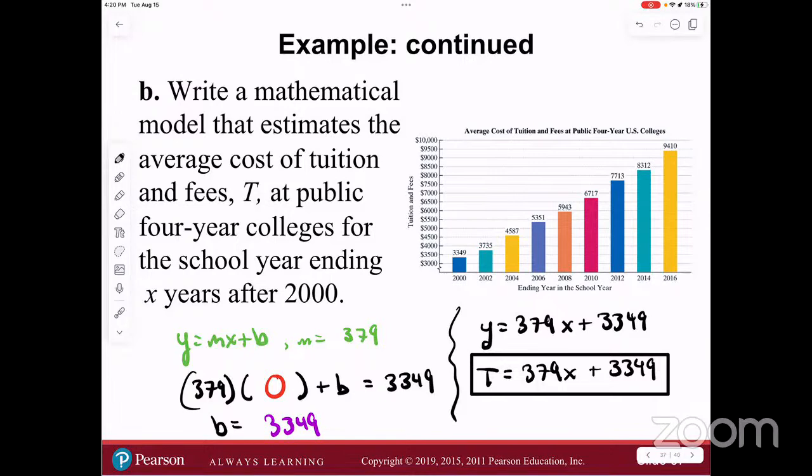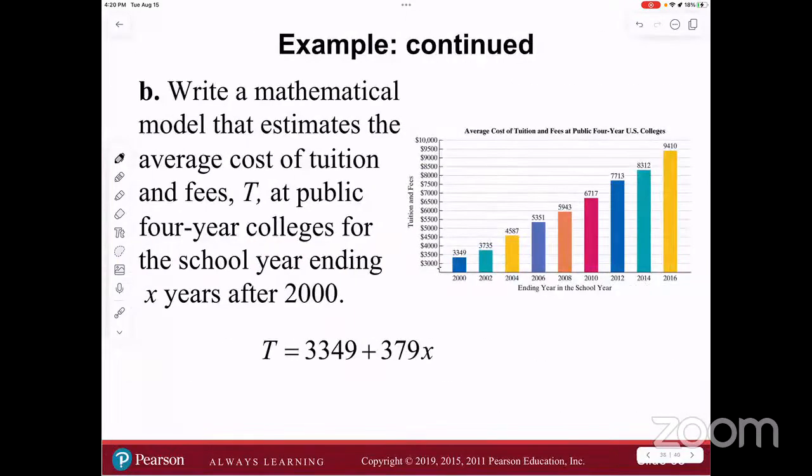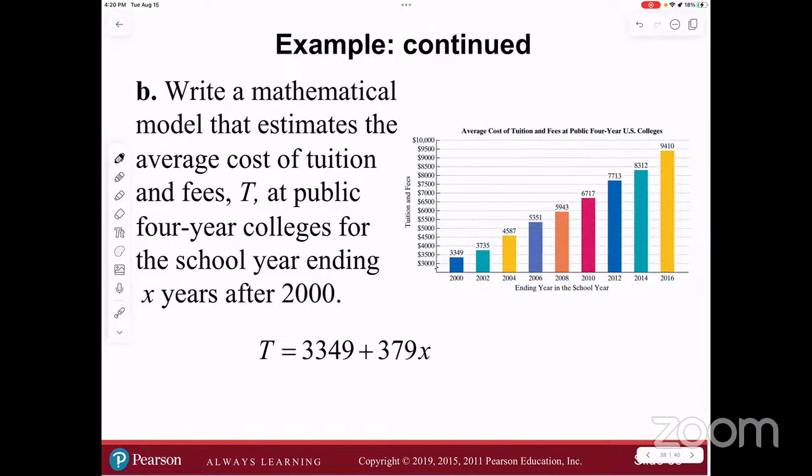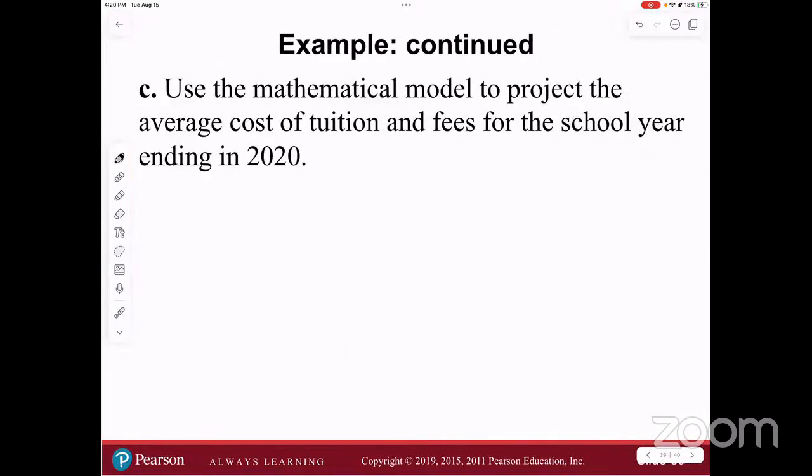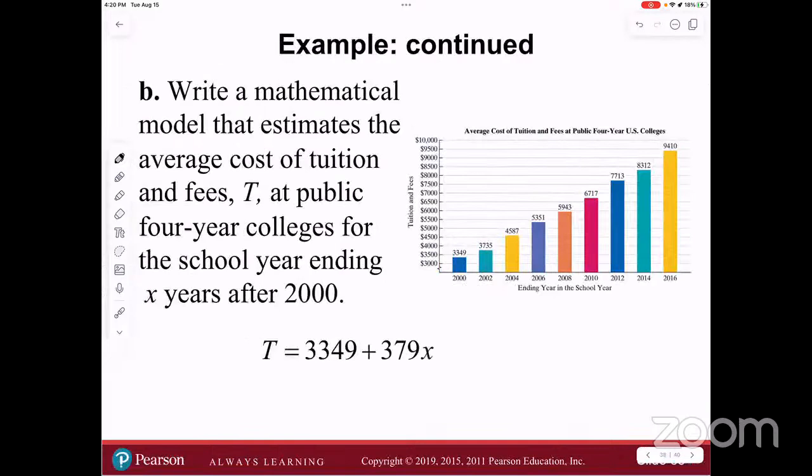So you see the 379x plus the 3349. Okay. Then we're asked to use the model to project the average cost of tuition and fees for the school year ending in 2020, right? So that's 20 years after the year 2000.